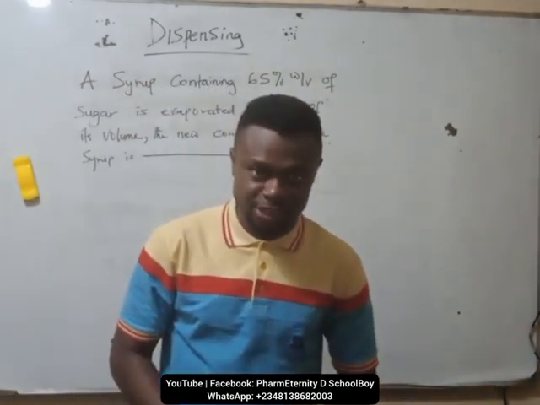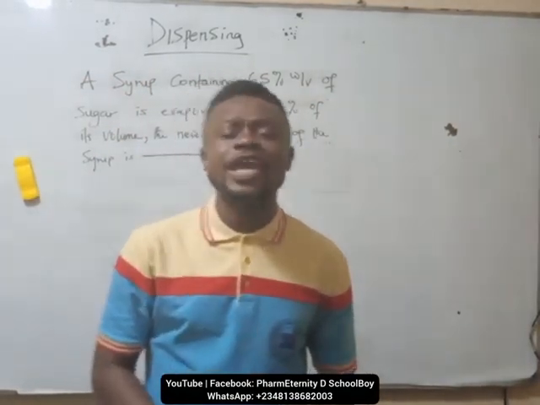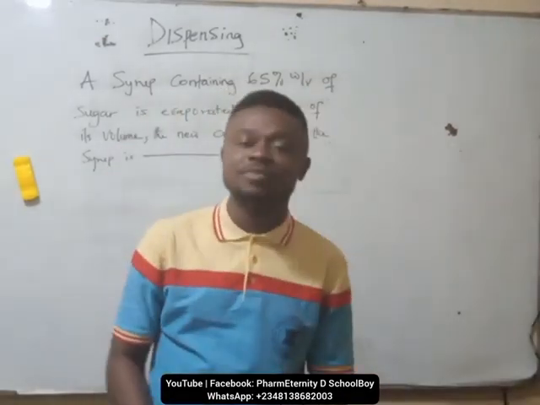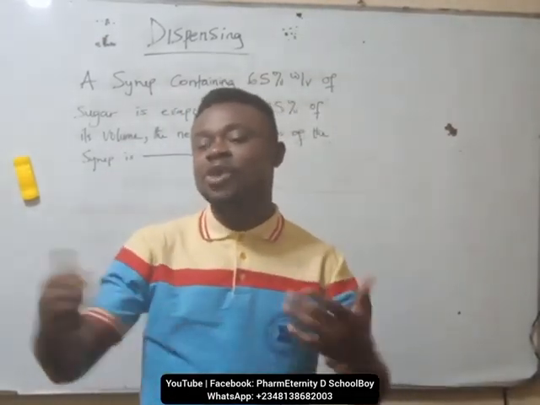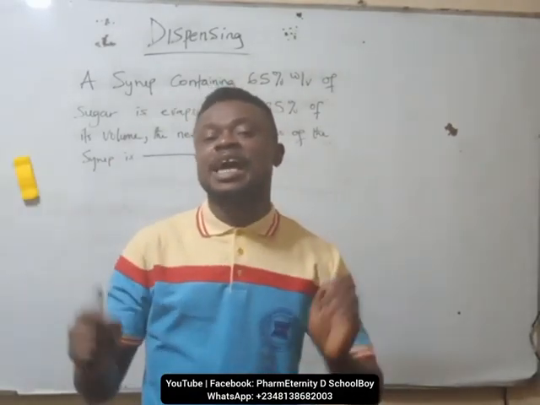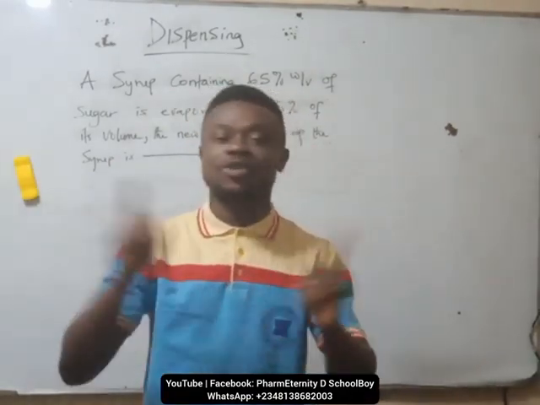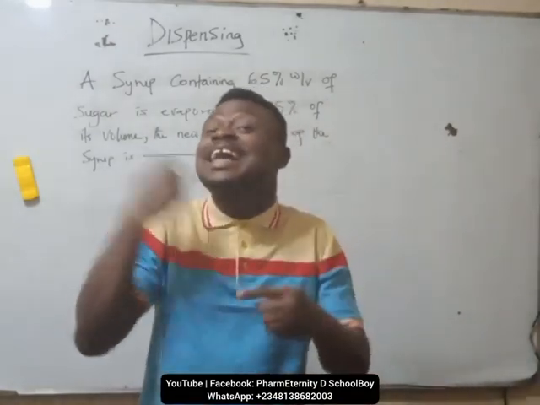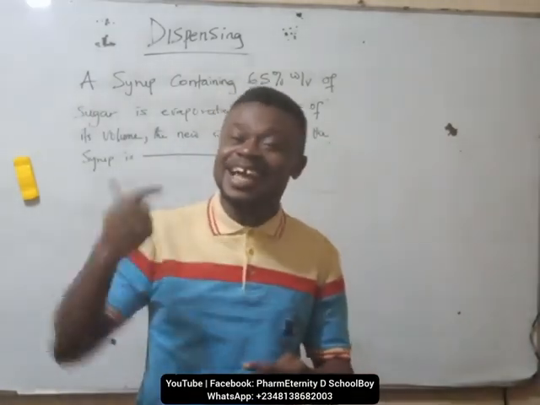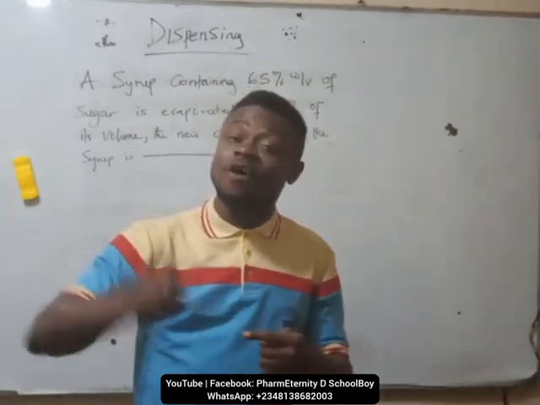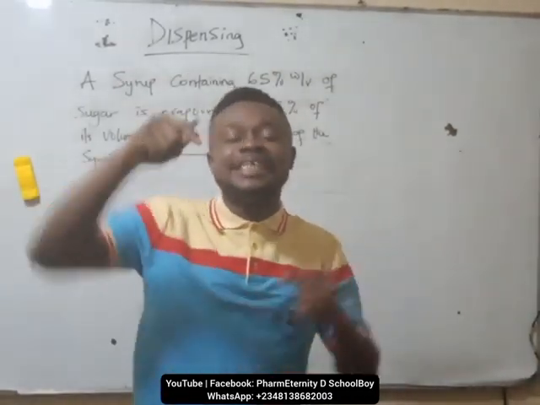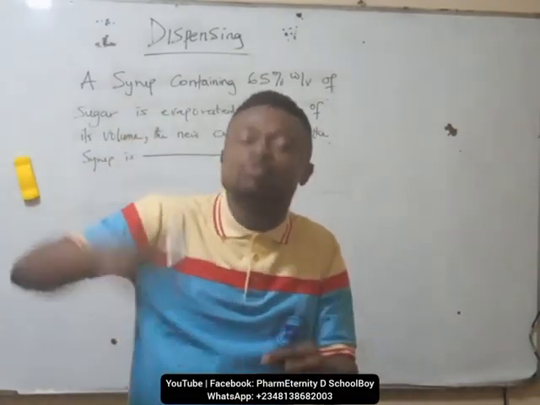The same way, if you concentrate it by reducing the volume, allowing the solvent to evaporate, no matter the means of concentration you use, so far as you do not add extra solute or salt, the amount of the salt will still remain the same.